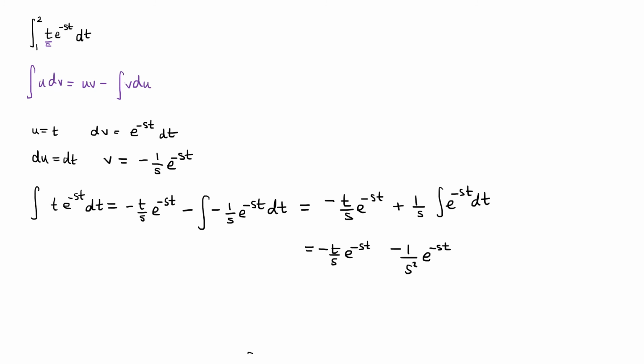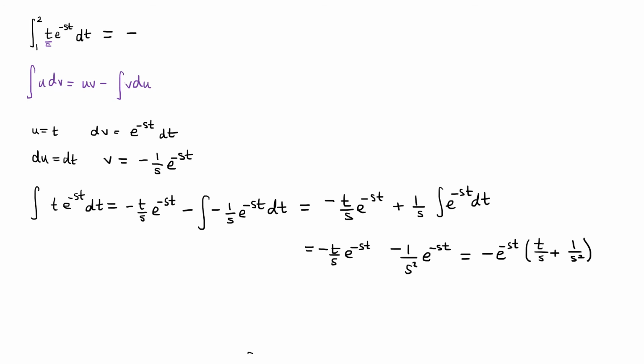Okay. So if we were to write this together, we could factor out negative e to the negative st. And then we've got t over s plus 1 over s squared. Okay. And we want to evaluate this between 1 and 2. So first we're going to plug in t equals 2.